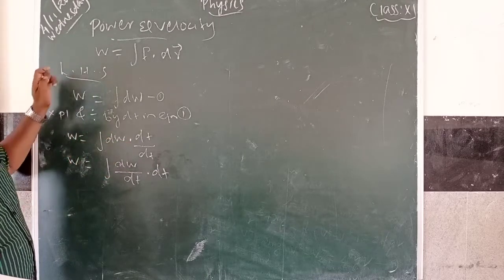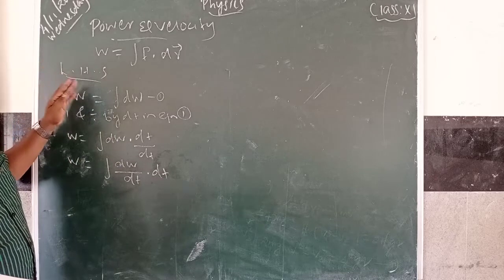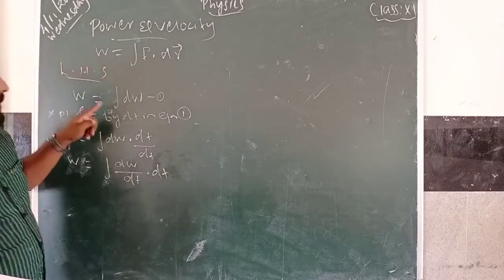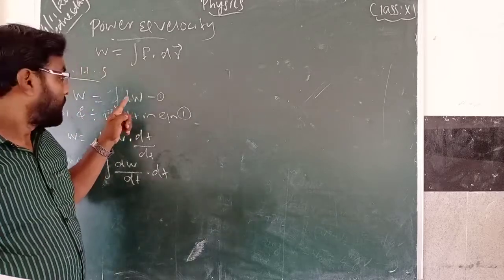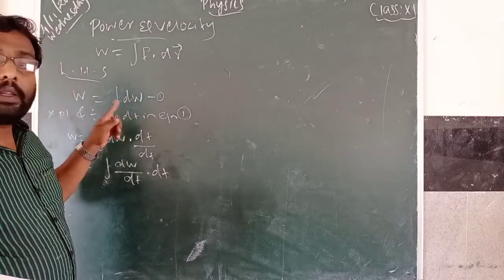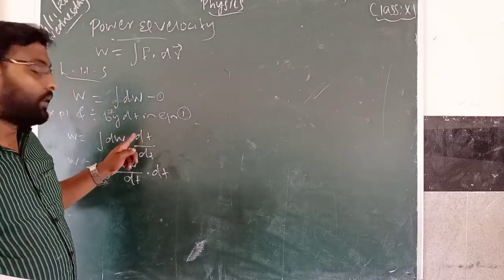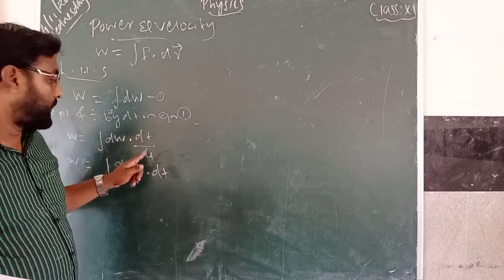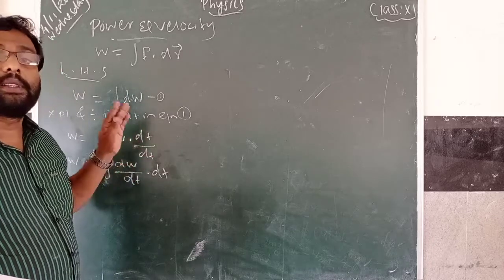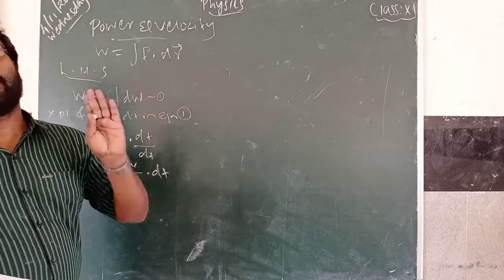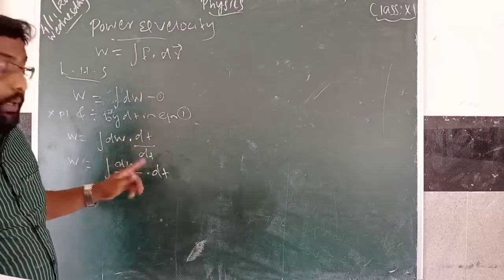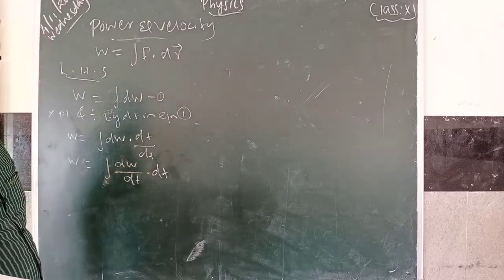Understand that? So first we are taking LHS, W, and its integration is dW. Then we just multiply and divide by dt. It is very simple and a very, very important 3-mark question in this unit. So we got LHS.